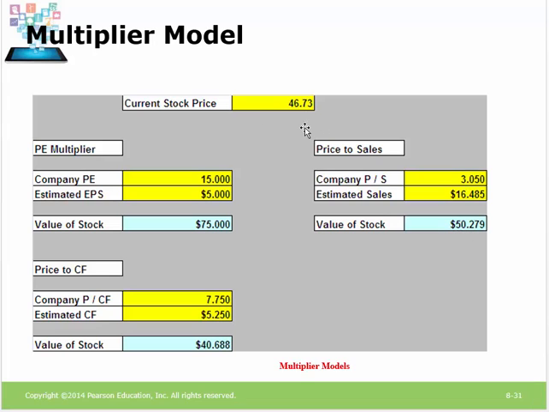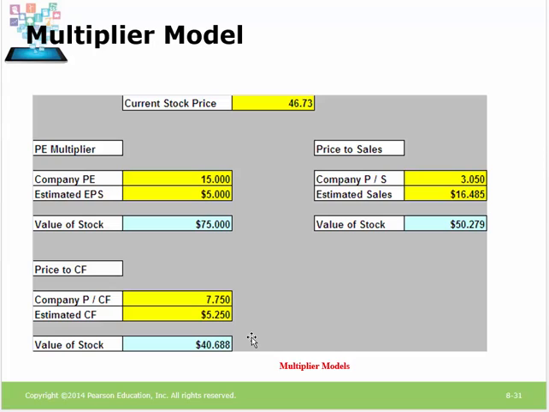It's currently worth $46. So these top two things say that, look, if you buy it today for $46, you're going to make money by next year. Now, the price to cash flow ratio model doesn't give us that answer. It conflicts with those. But that's all right. We have many different models to use. We've talked about several other techniques.